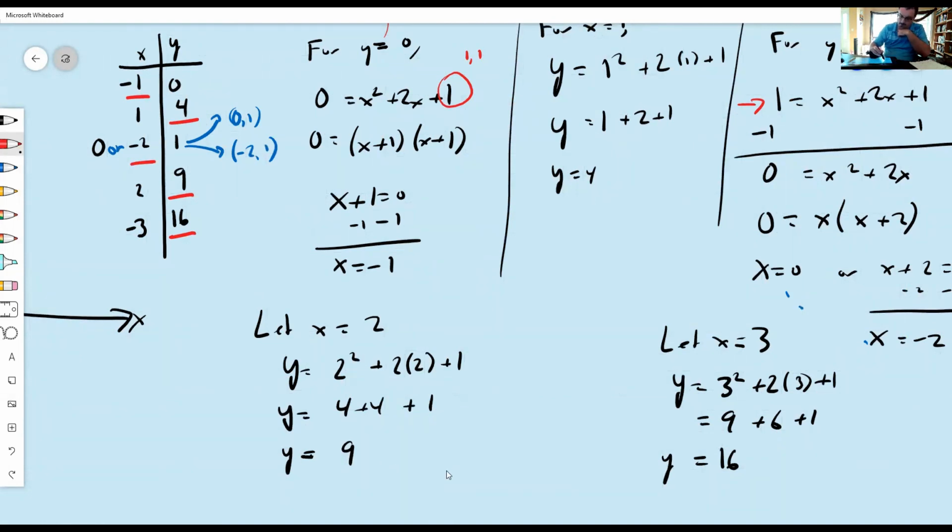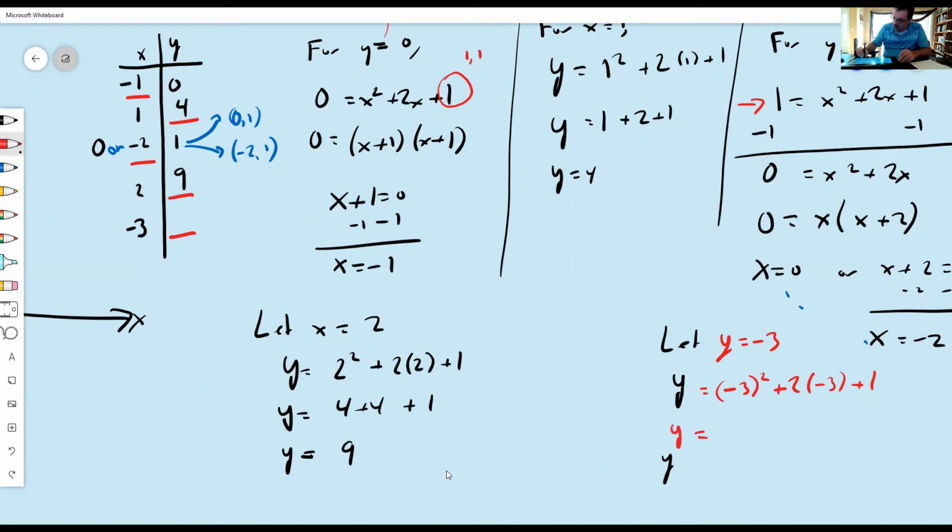So this is wrong. At minus 3, let's just erase that, I guess. y equals minus 3 squared plus 2 times minus 3 plus 1, or y equals 9 minus 6 plus 1.